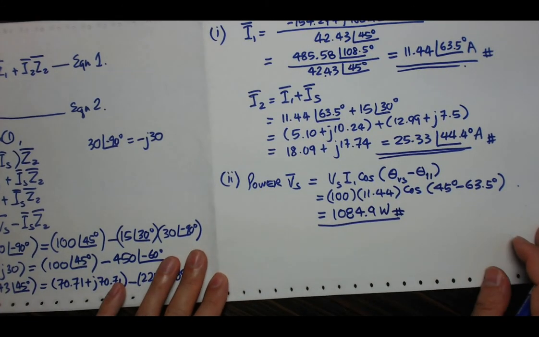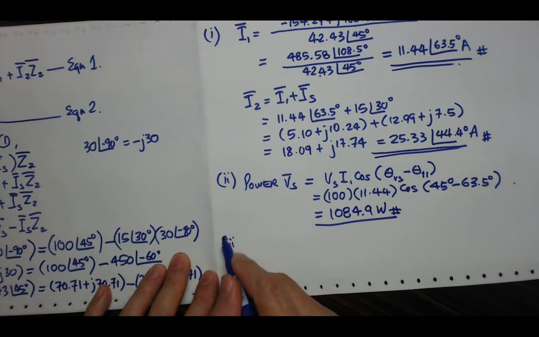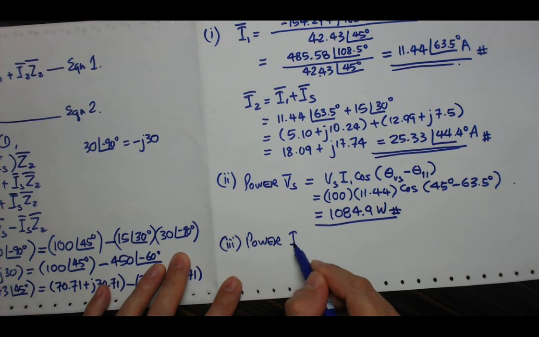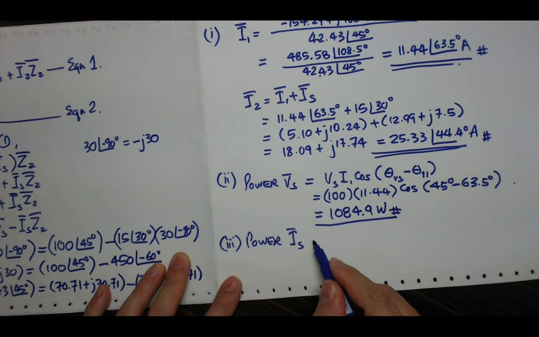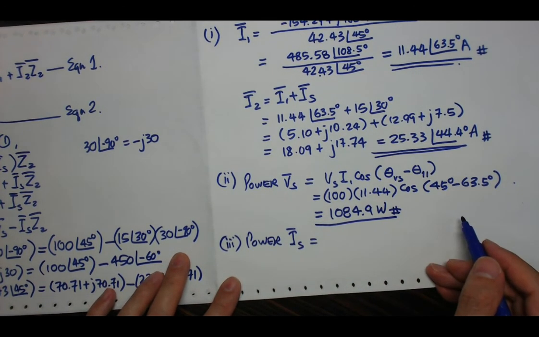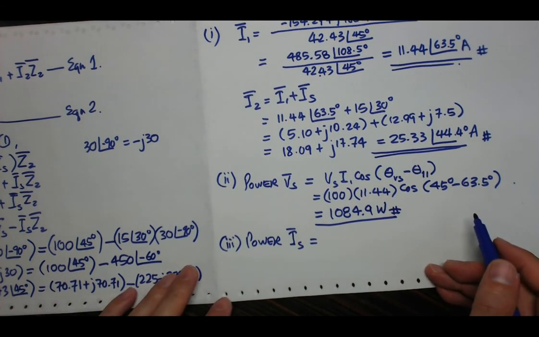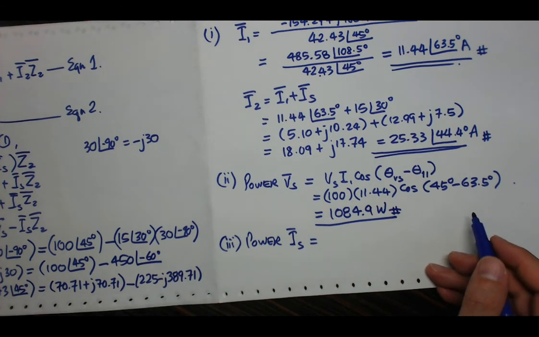Okay, and finally we want to know the power that is supplied by I source. Now I source is actually the current. So if we look at it, the source that is contributing is actually V2.